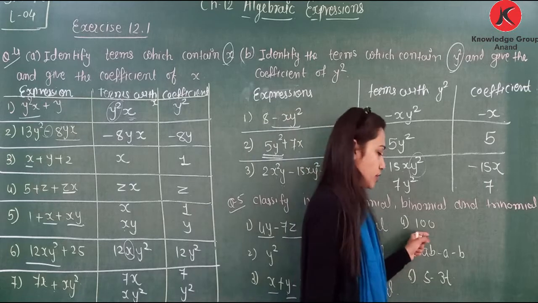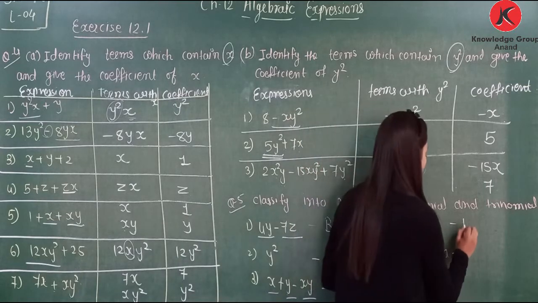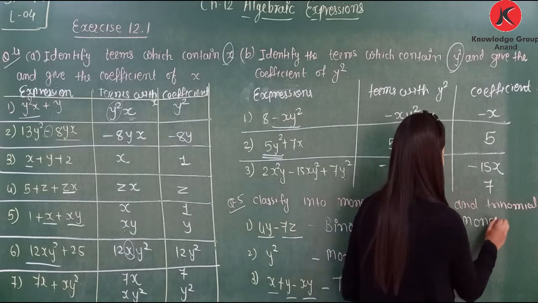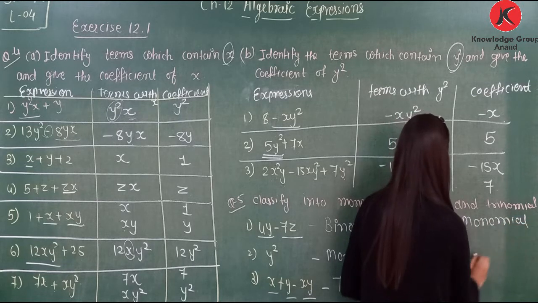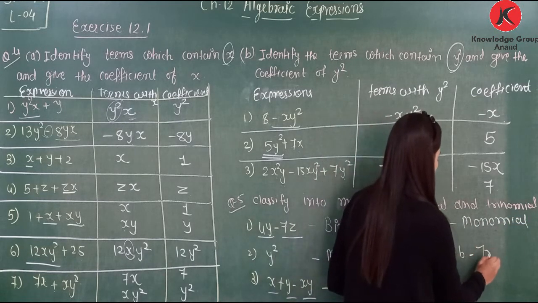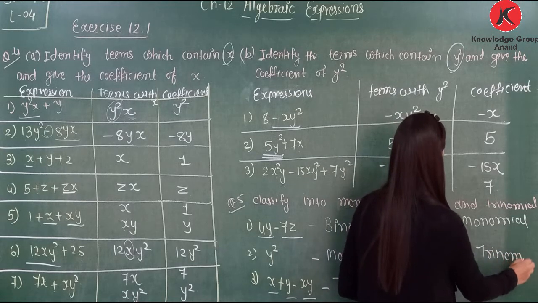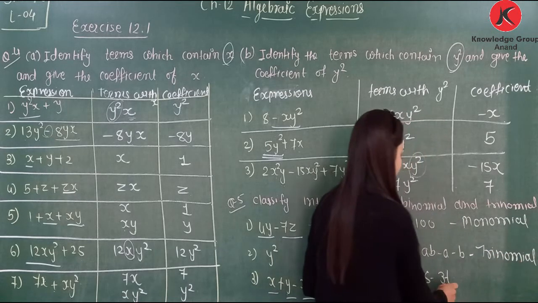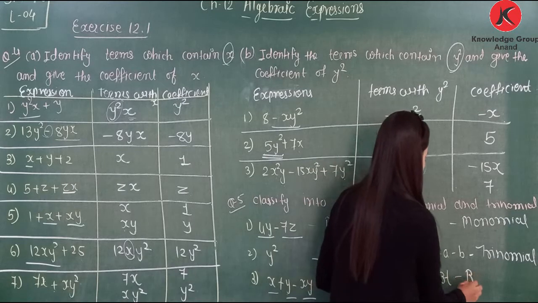Next one, 100. So it becomes monomial. Only one term. Now for this, how many terms? 1, 2 and 3. So it is trinomial. And 5 minus 3t, 2 terms, so it is binomial.